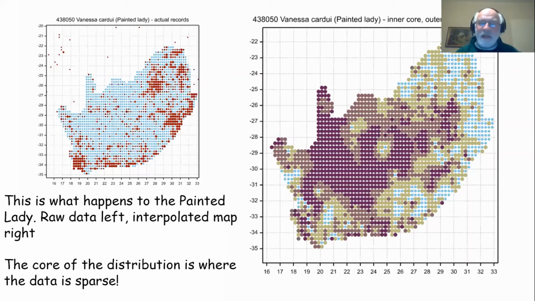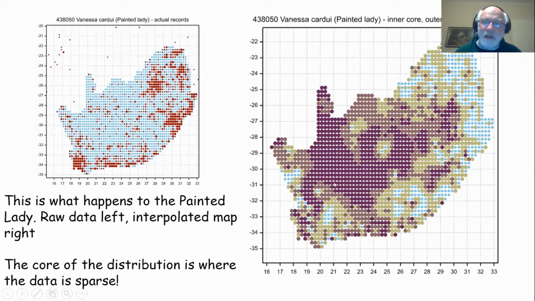And the reality is that out here in the northwest, although the painted lady is frequently recorded, it has been recorded in both grid cells. The reality is that the proportion of painted ladies is tiny.